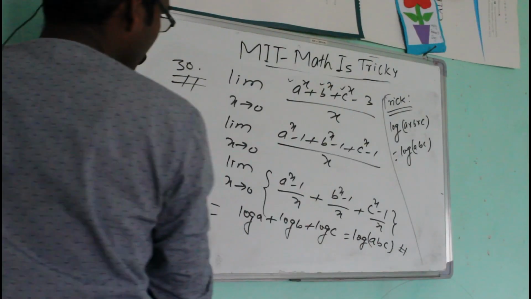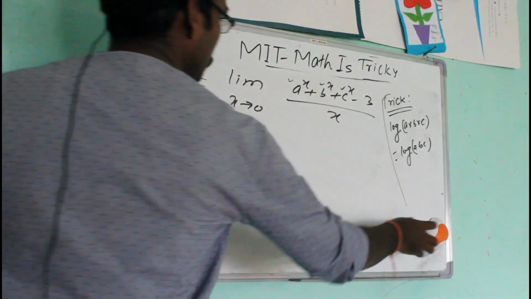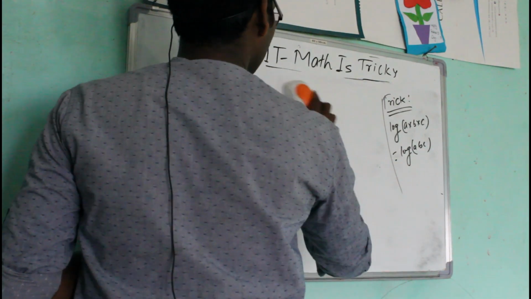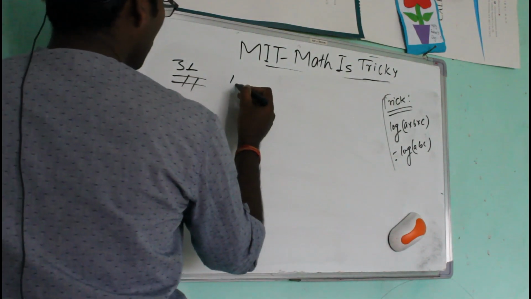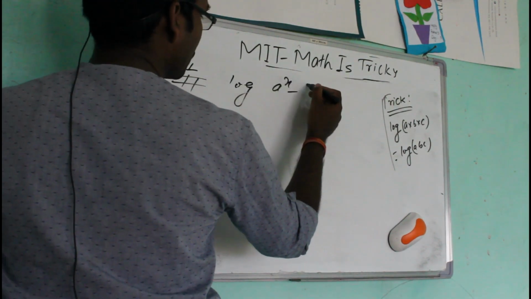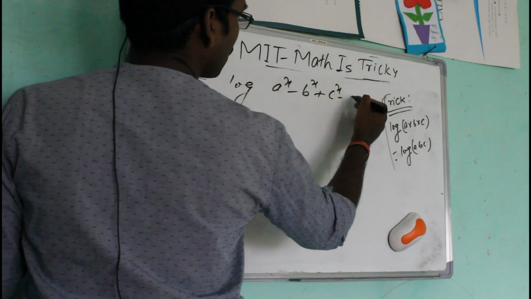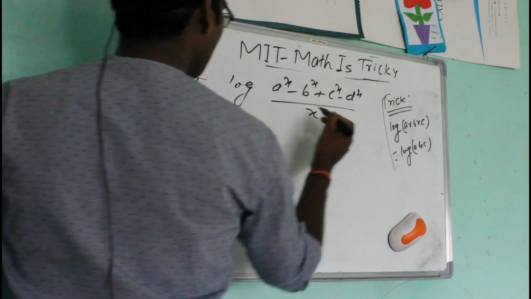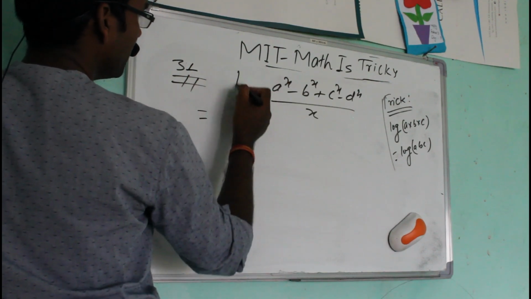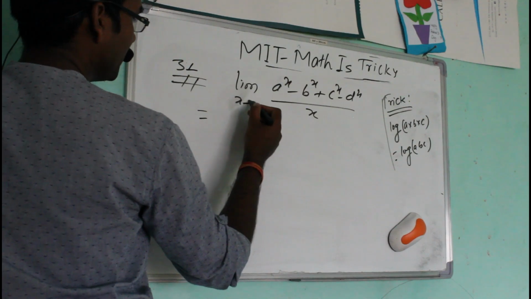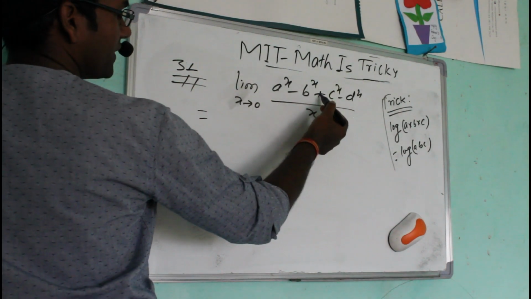Okay, so let's see another problem. Suppose the question is like this, instead of plus. Question number 31. Limit x tends to 0, a^x - b^x + c^x - d^x by x.